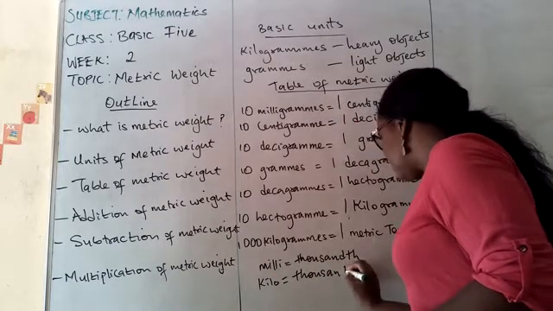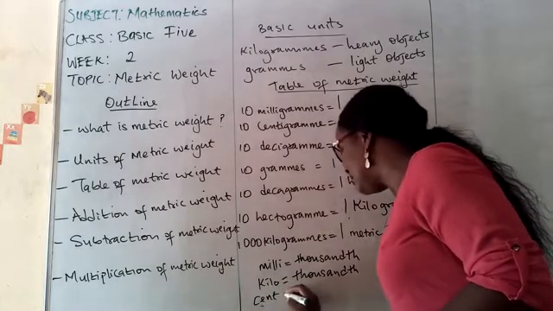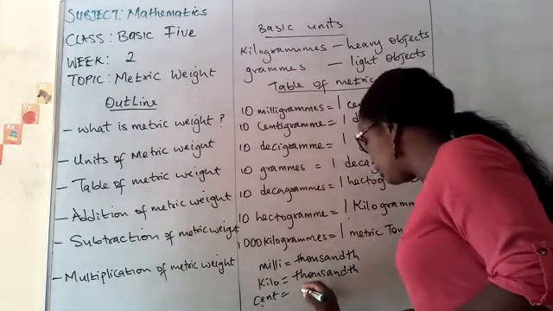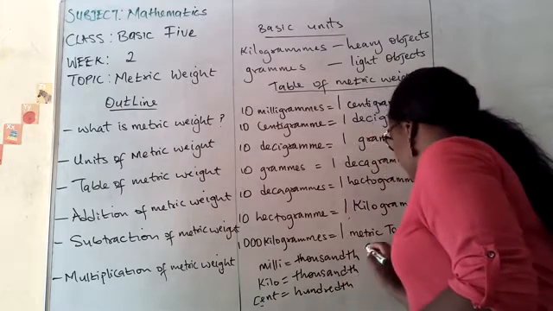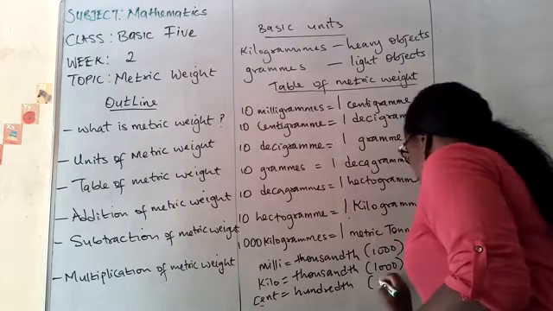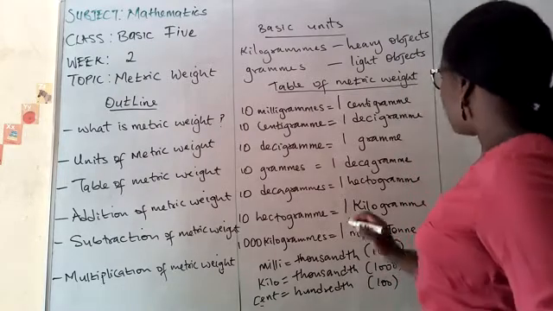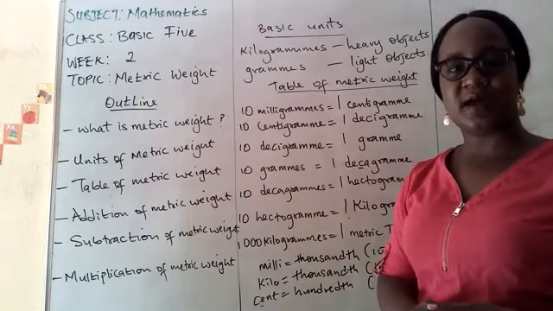Thousands. Whereas whenever we see centi, remember your percent, right? It should remind you of 100. Of course, when you meet deca, it means what? 10, right? You still remember?